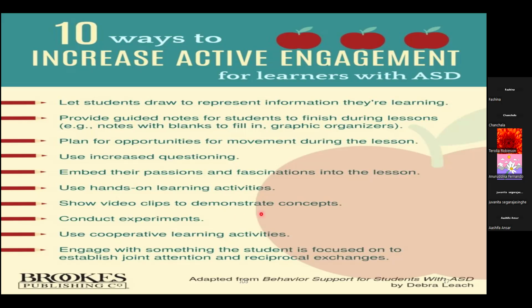Utilize video clips, demonstrations, experiments, right? All these are learner involvement. The more they are getting involved in the lesson, the behavioral patterns, learner behavior will become better. They will not be mischievous or they will not behave in a negative manner.